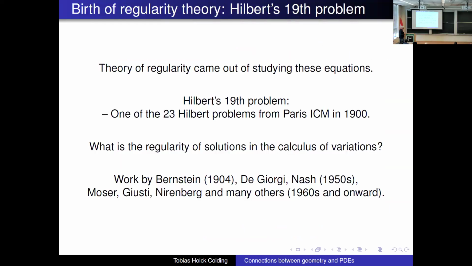Right now, just because this is a talk that is celebrating the ICM in 1924 here in Canada, it's worth noting that Hilbert's 19th problem was related to the birth of the highly successful regularity theory; in part it came out of Hilbert's 19th problem. Hilbert's 19th problem is one of the 23 problems that Hilbert stated at the ICM in Paris in 1900.